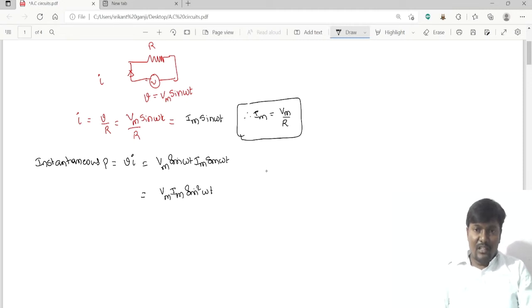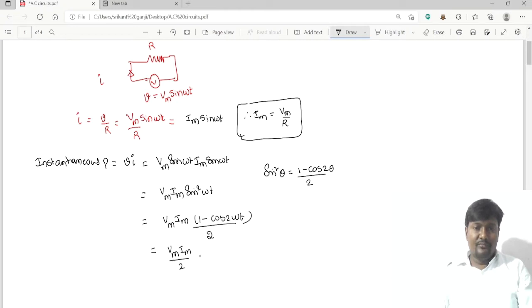The sin square theta can be written as (1 minus cos 2 theta) divided by 2. So Vm into Im (1 minus cos 2 omega t) divided by 2. So Vm Im by 2 into (1 minus cos 2 omega t). This is called the instantaneous power equation.